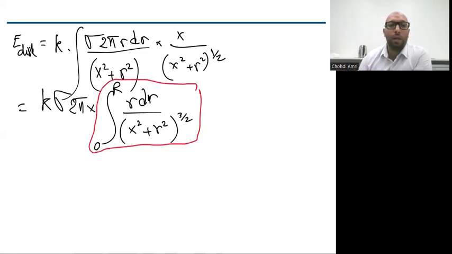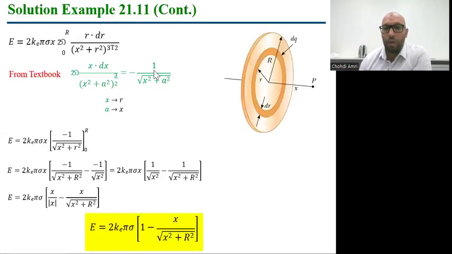This is our integral, and this integral is given. It is minus 1 over square root of x squared plus r squared.